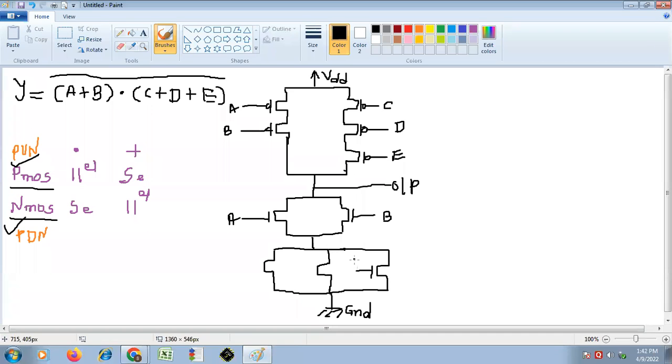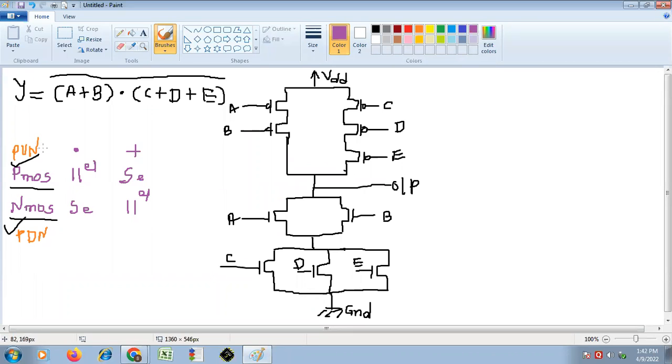So this is E, this is D, and this is C, right? So this forms the exact representation of this Boolean equation.